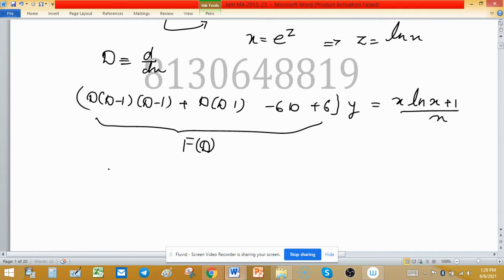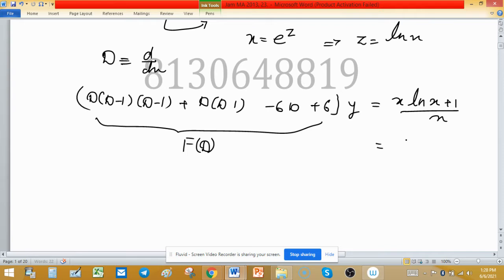So there is no need to write auxiliary equation because we are not interested to find complementary function. We are only interested in finding particular integral. So particular integral will be in terms of z, you can write right hand side also.